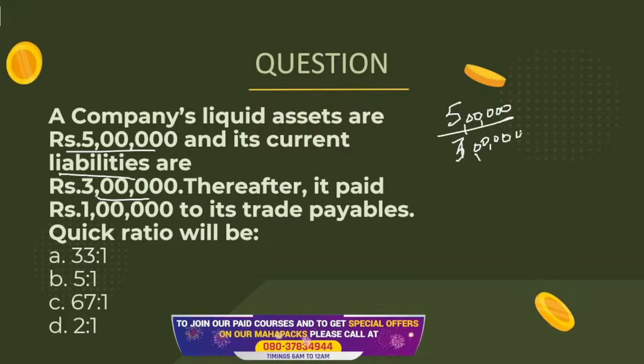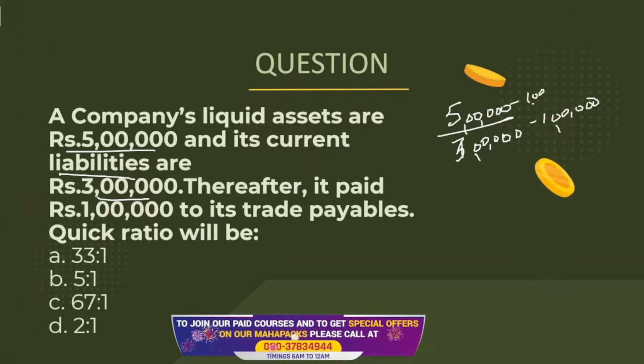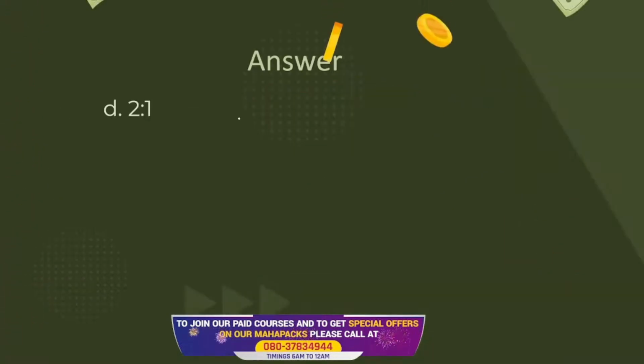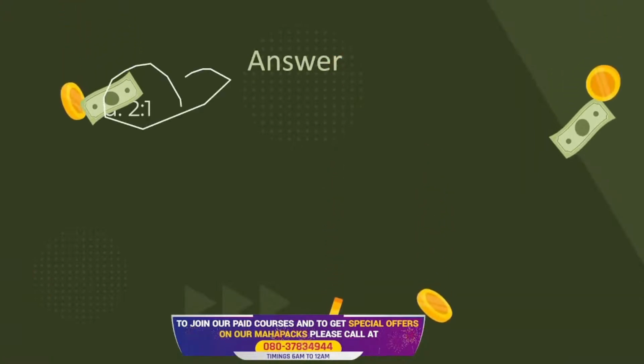Out of 3 lakh, we have paid 1 lakh, and cash is also gone. One creditor is gone, the cash is also gone for the same. So it's going to be 4 lakh divided by 2. So it's going to be 2:1, because quick ratio is quick assets divided by current liabilities. Okay, so that's the answer.